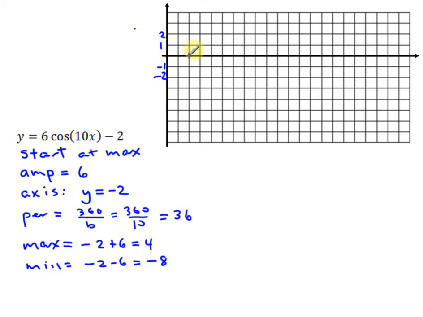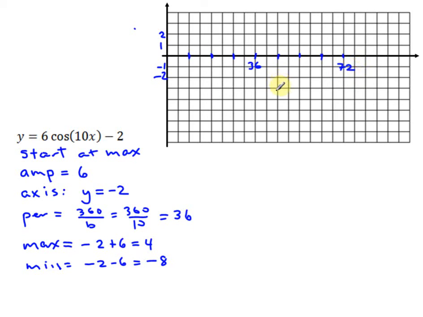So this is the first quarter, the second quarter, the third quarter, and finally the last quarter. This is where 36 is going to be. I don't worry about what these numbers represent. All I know is that whatever my period is, I split it up into 4 parts. And since I'm going to draw 2 cycles, I'm going to repeat here. 1, 2, 3, and 4. So this is going to be 36 times 2, 72.